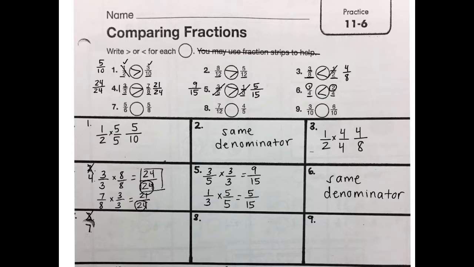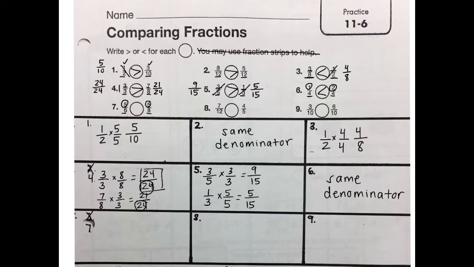Let's look at number 7. 5/6 compared to 5/8. First, I check the denominators. They're different. But if I check the numerators, 5 and 5, they are the same. Now I have to remember, if my numerators are the same, it means that I am going to have smaller slices.